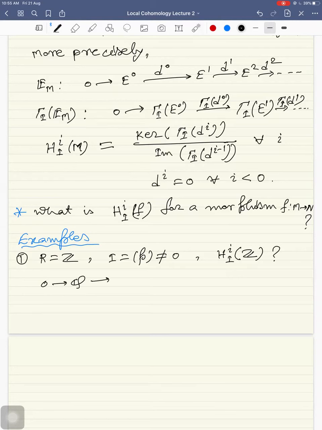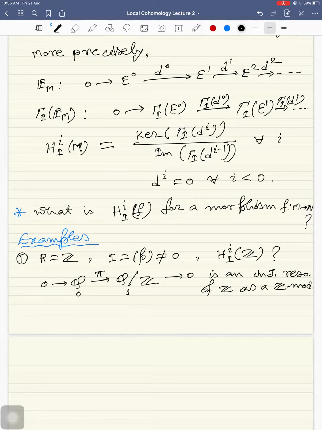0 goes to Q, the set of rational numbers, goes to Q mod Z goes to 0. This is an injective resolution of Z as a Z-module. This is the 0th position, this is the first position, and this is just the natural projection map.